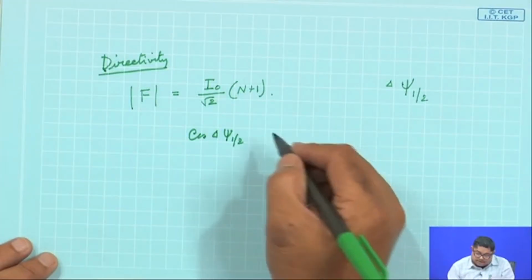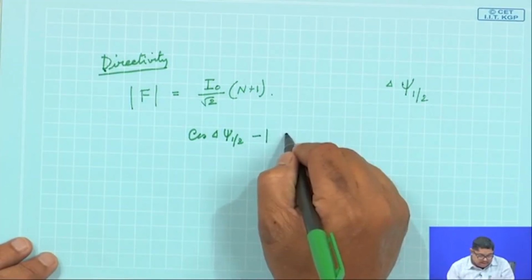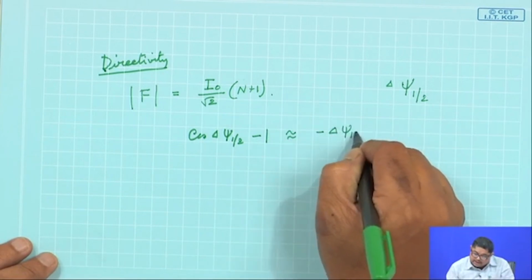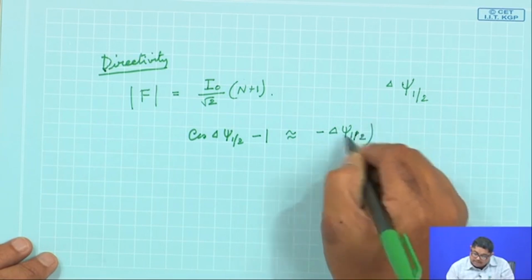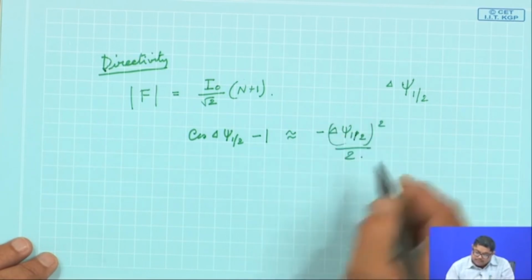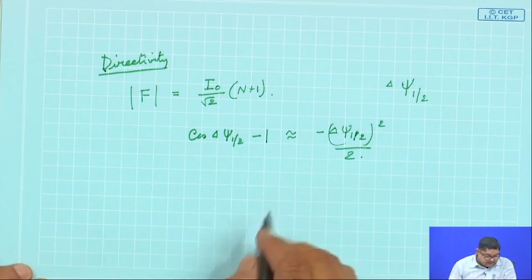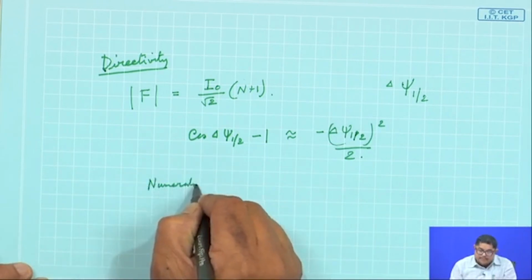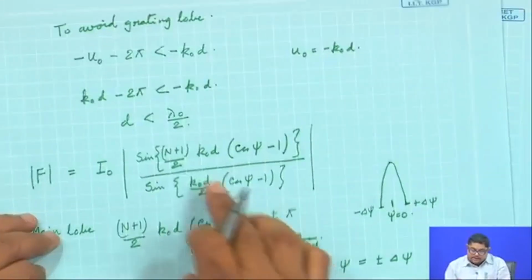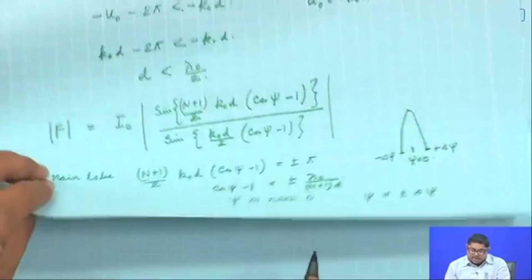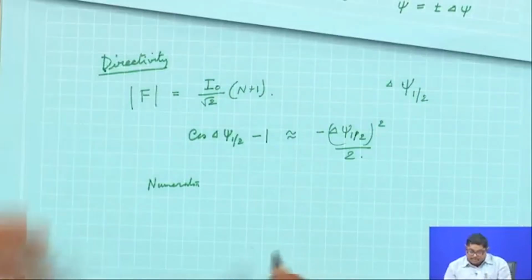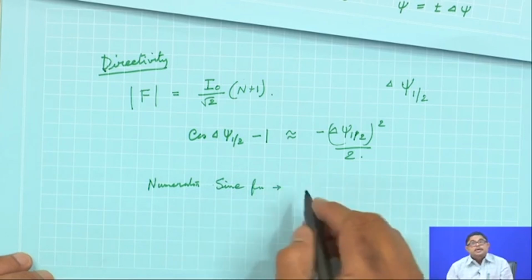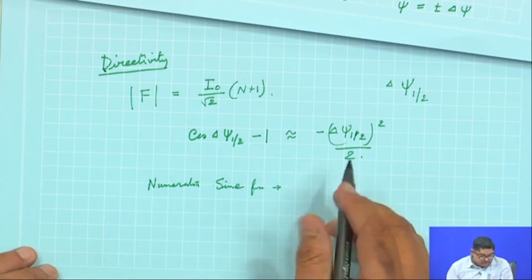So, cos psi minus 1, we can write as minus delta psi half square by 2, and in the numerator, this sine function can be approximated by a series expansion, taking only 2 terms.